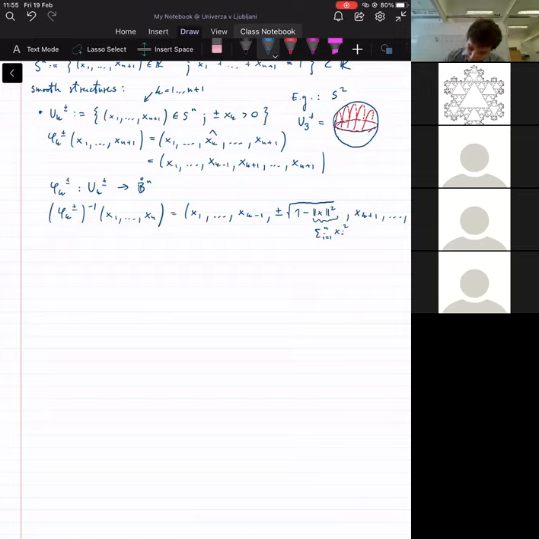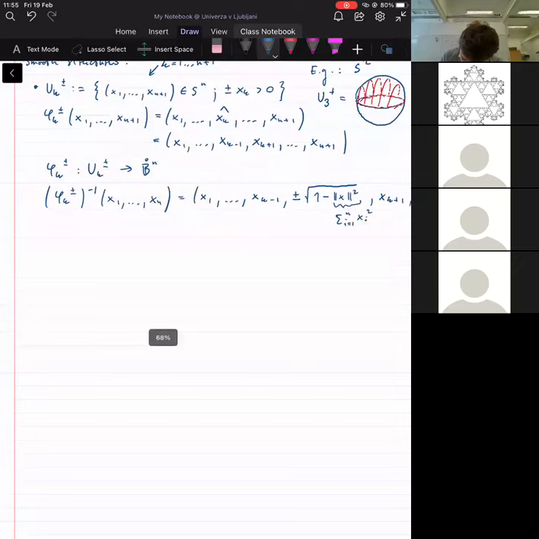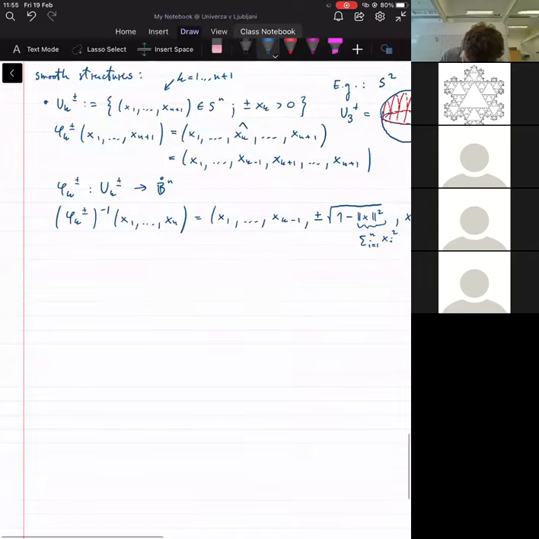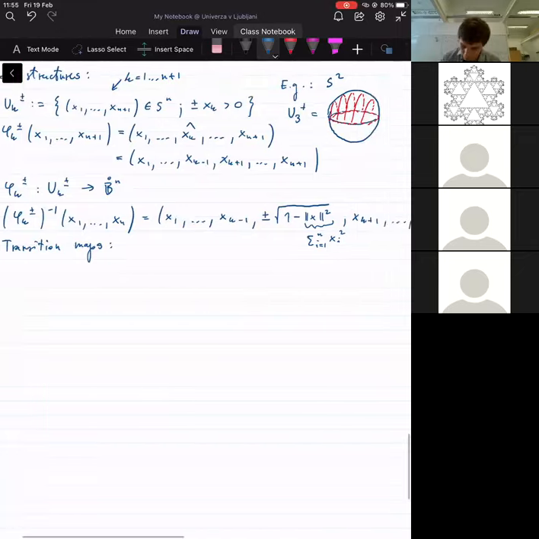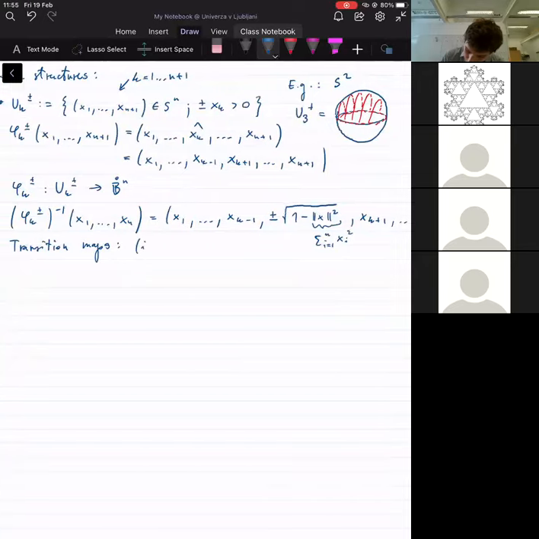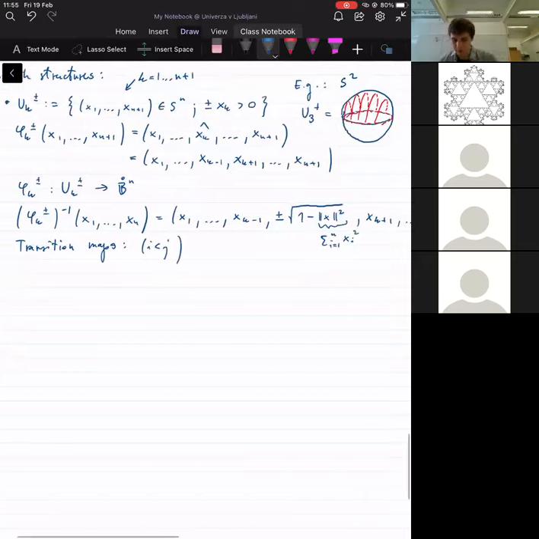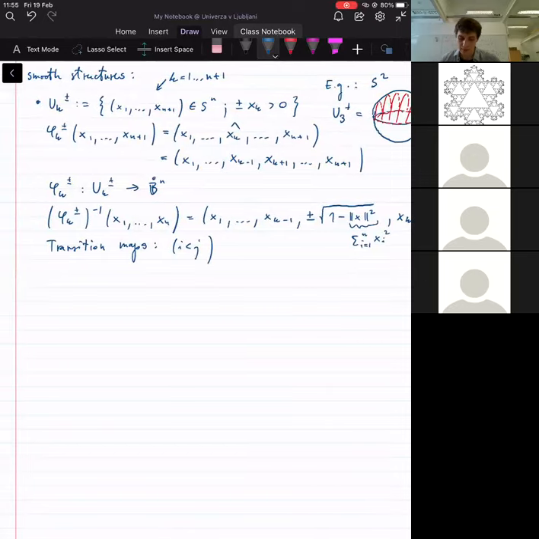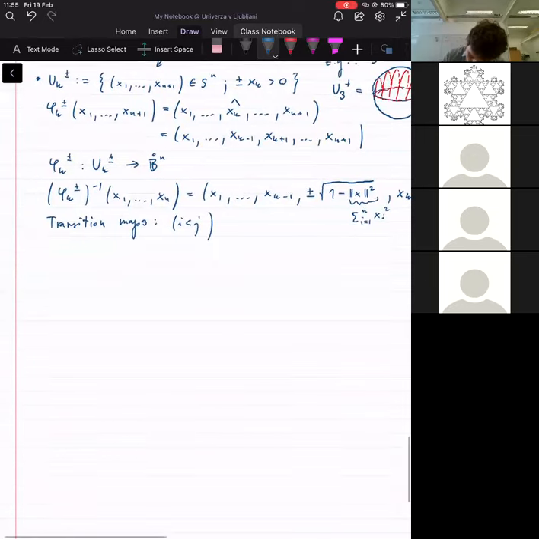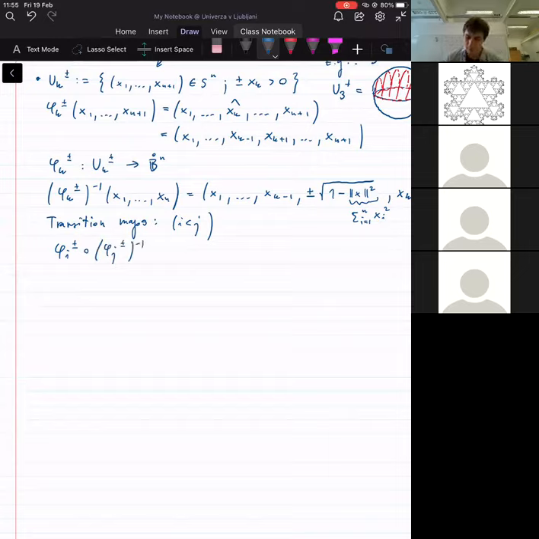Now we have to check the smoothness criterion, which means that we have to check the transition maps. So the transition maps are a little bit trickier, but not all that much. Let's just write them down for i less than j. Okay, and let's have phi_i^± of (phi_j^±)^(-1).